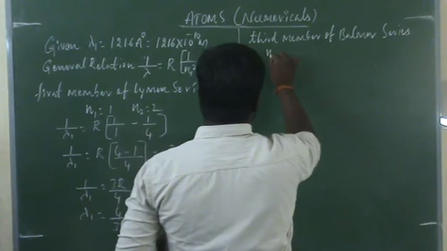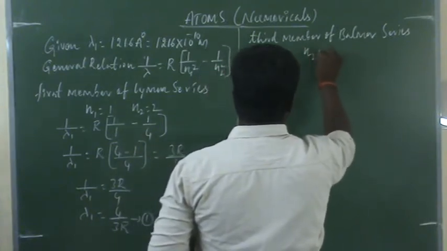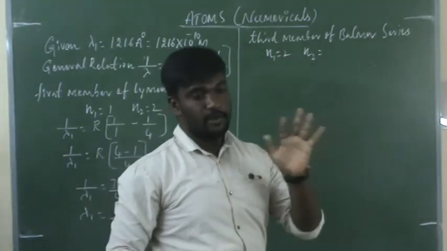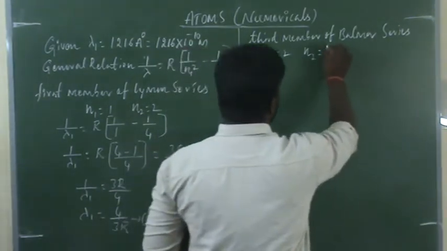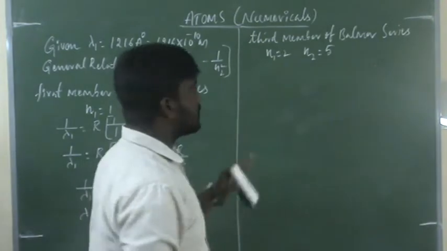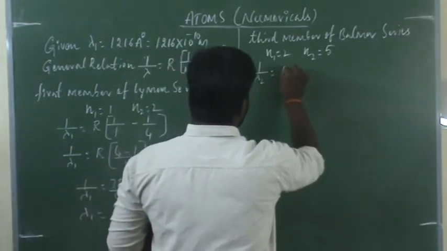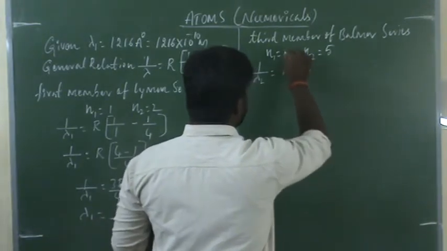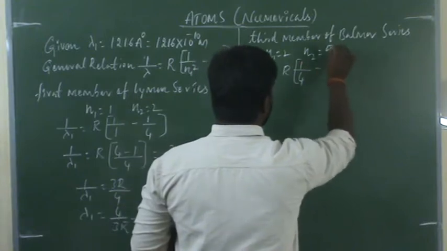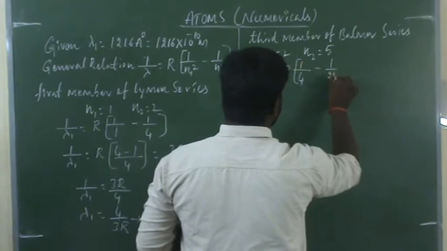So n1 equals 2, and n2 for the third member is 2, 3, 4, 5, so n2 is 5. Substitute those values: 1 by lambda 2 equals R into 1 by n1 square, 2 square means 4, minus 1 by 5 square, which means 25.